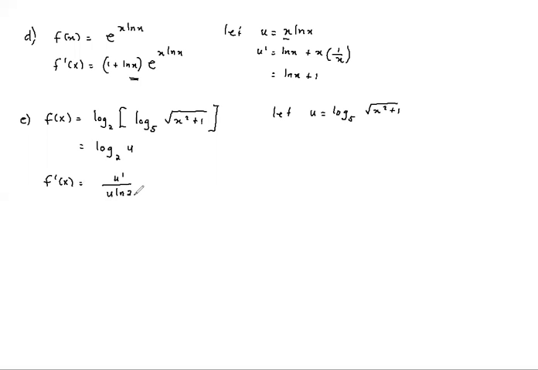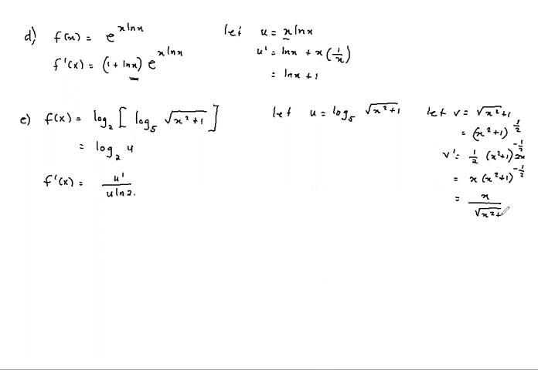Okay? But look at u. In u again, we can let v be the square root of x squared plus 1, so that we can write it as x squared plus 1 to the power half, and then differentiate v. So we get half times x squared plus 1 to the power negative half times 2x, and this becomes x times x squared plus 1 to the power negative half, which you can write as x over the square root of x squared plus 1.